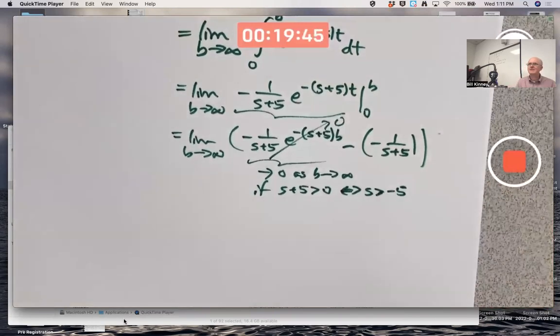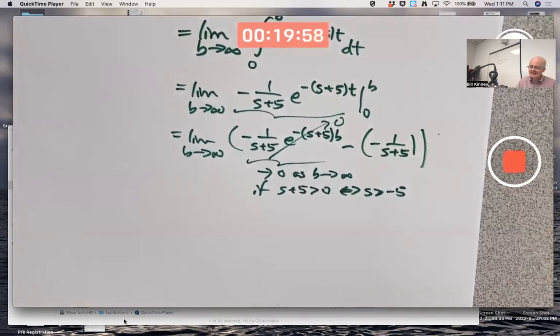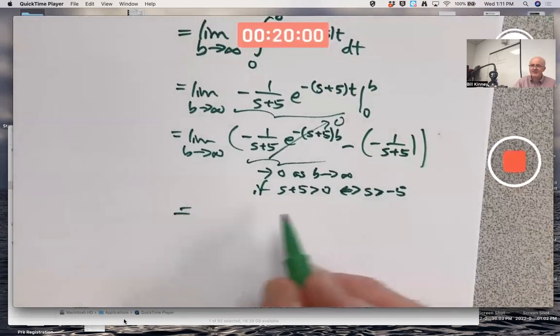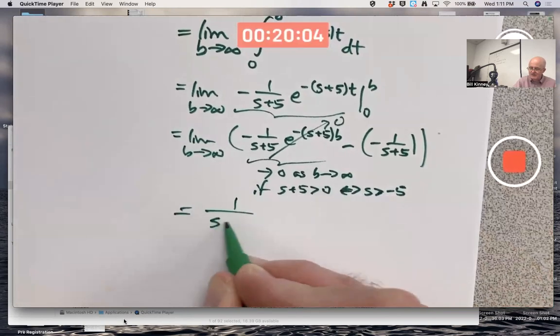Is s bigger than negative 5 or not? It could be. It depends what you decide s should be. That sounds kind of weird. In the case where s is bigger than negative 5, the final answer is going to be, these two negative signs make a plus sign, 1 over s plus 5.